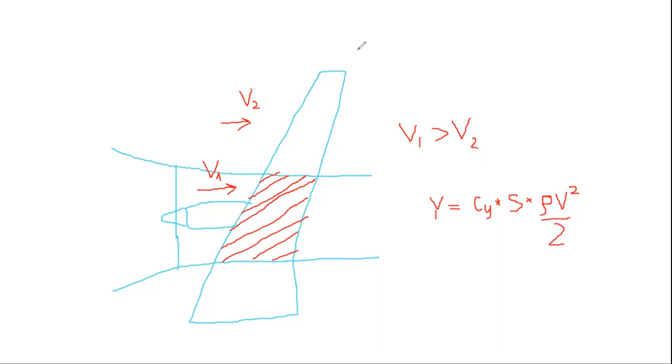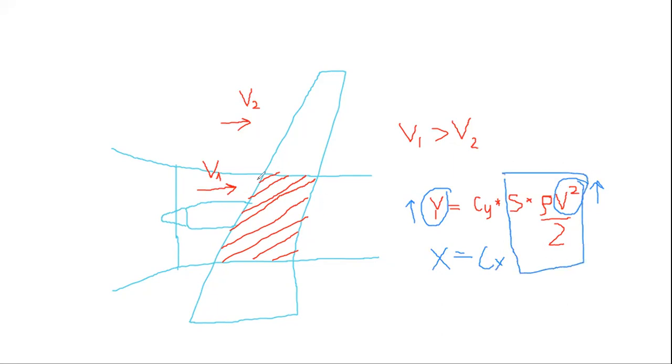So when this term increases, the total lift also increases. Exactly the same for drag. We have exactly the same formula, just a different coefficient. But these terms are exactly the same in both formulas. So when we have an increment in speed at this part of the wing, we have an increment of both lift and drag. Also an increment in pitching moment sometimes.